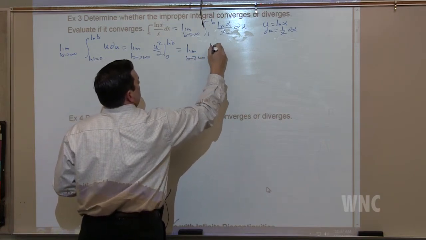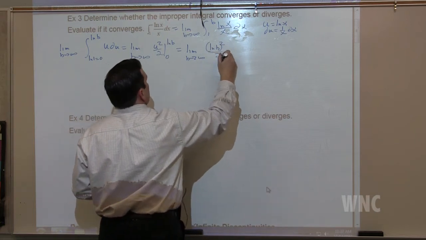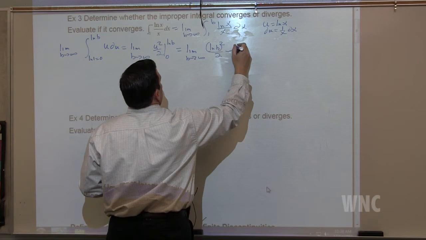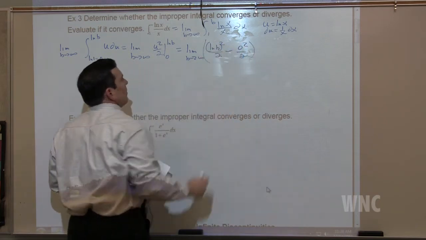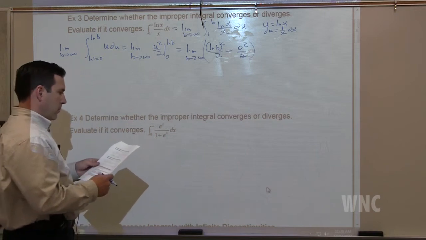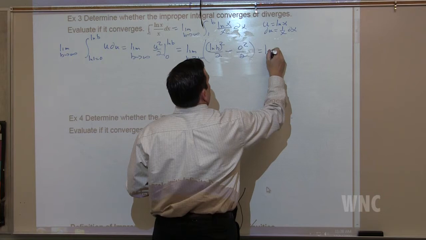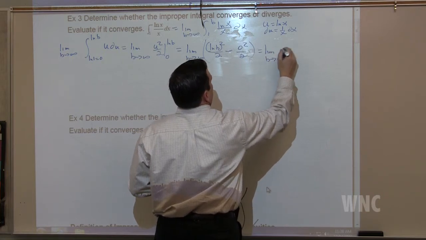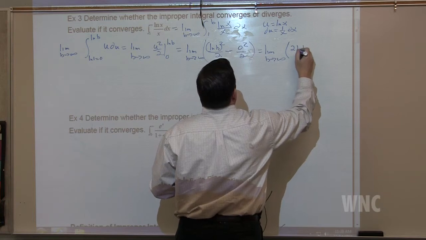So we have natural log of b squared over 2 minus 0 squared over 2. So that's going to be the limit as b goes to infinity of 2 times natural log of b. No, I take it back.